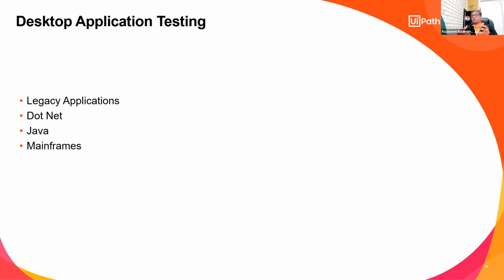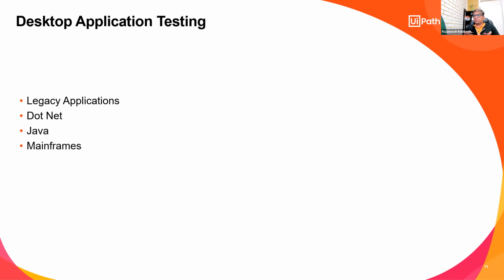Such legacy applications also exist in many companies, and so the choice of your tools should support automating those kinds of applications. Nowadays web applications are very advanced. You get React, .NET, all the latest technologies, and you get a very good web application in the front end, and you get a very good experience, right?